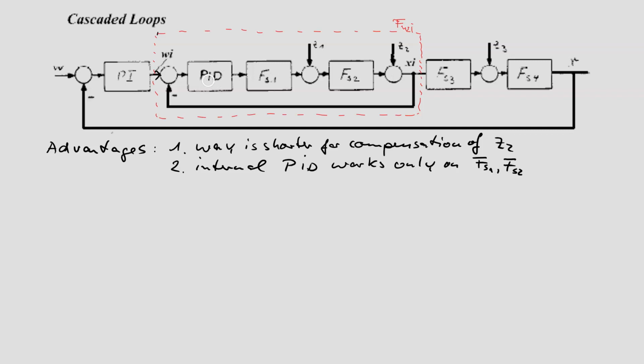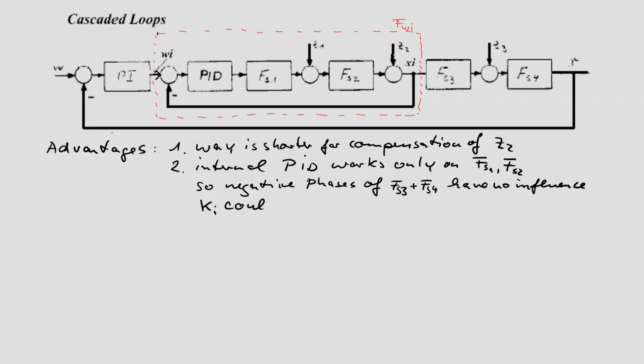So the gain can be much larger and the closed loop behavior much faster than before. So the negative phases of FS3 and FS4 have no influence. Ki could be much larger.